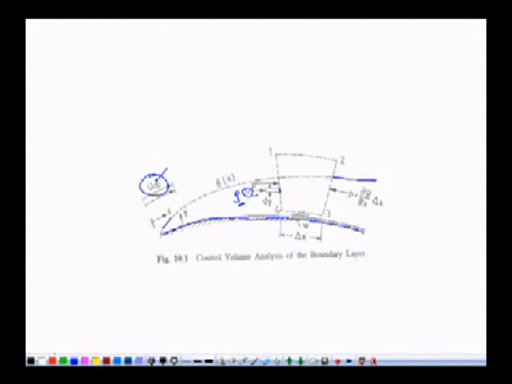If we want to calculate for 1 to 4, where 4 is lying on the surface, we have to integrate because u is a variable. Outside the boundary layer, this u becomes capital U and it is constant.